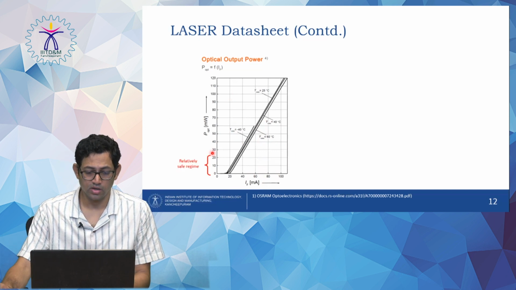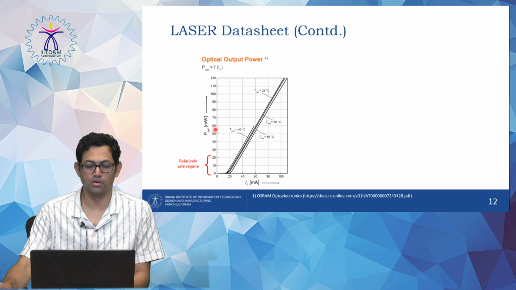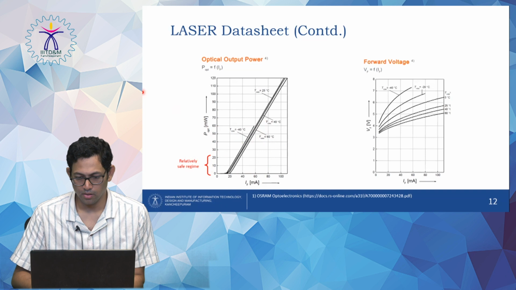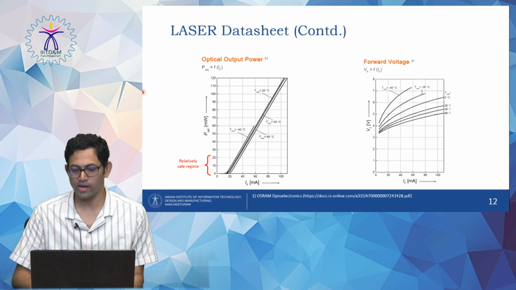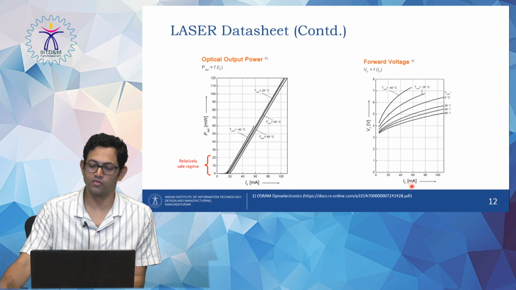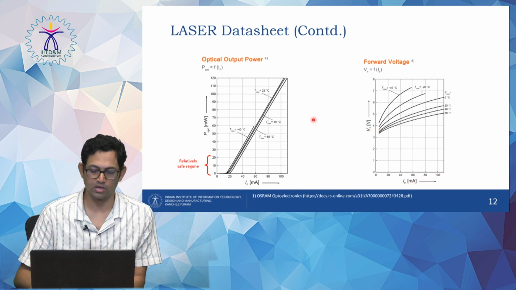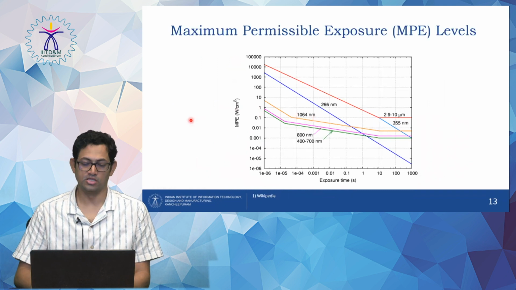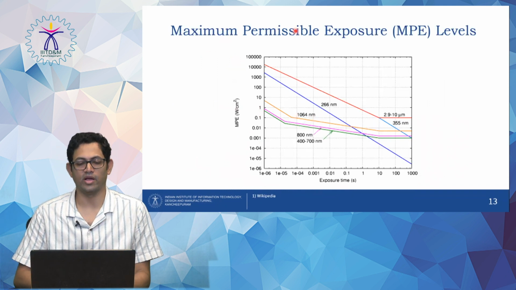Okay, and this is the relatively safe regime with which you can actually work. Okay, so as we discussed earlier, for the light emitting diode we also have a current versus voltage graph, right.